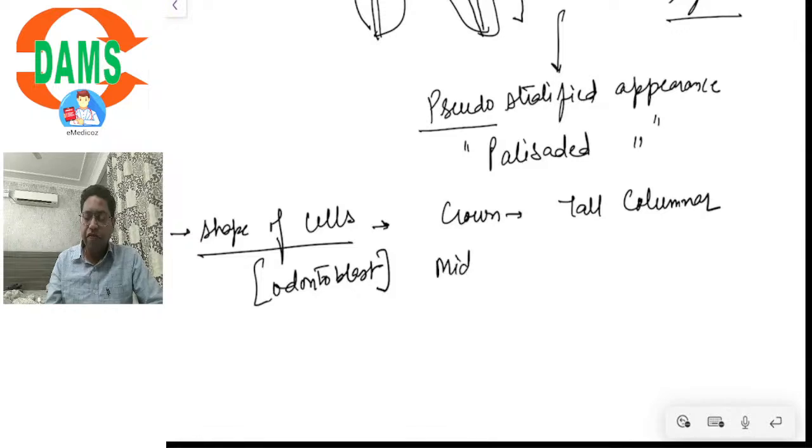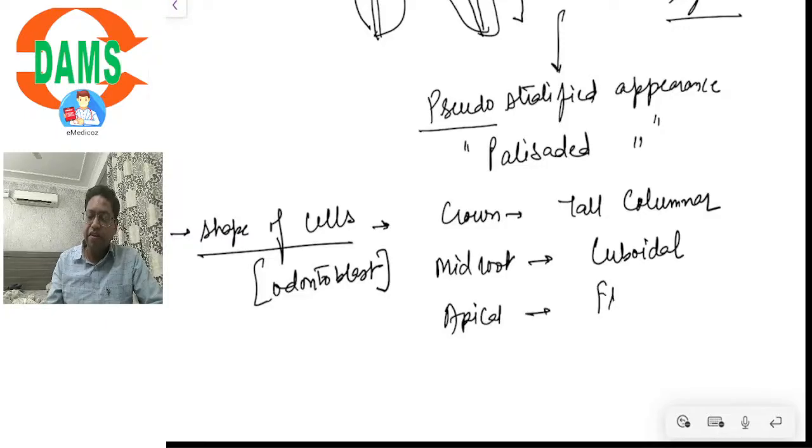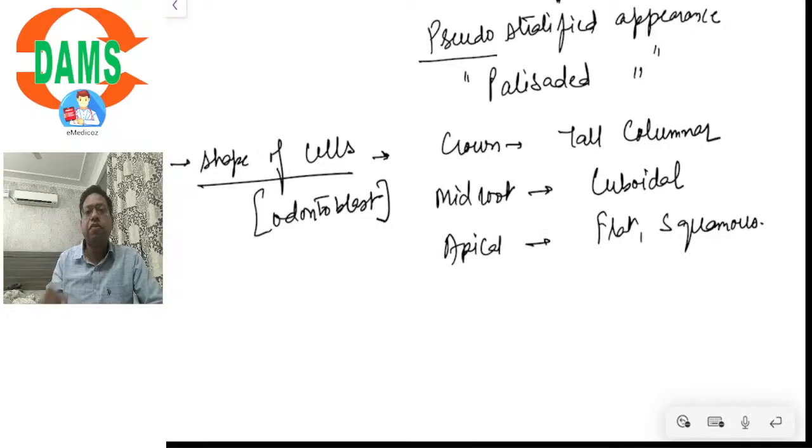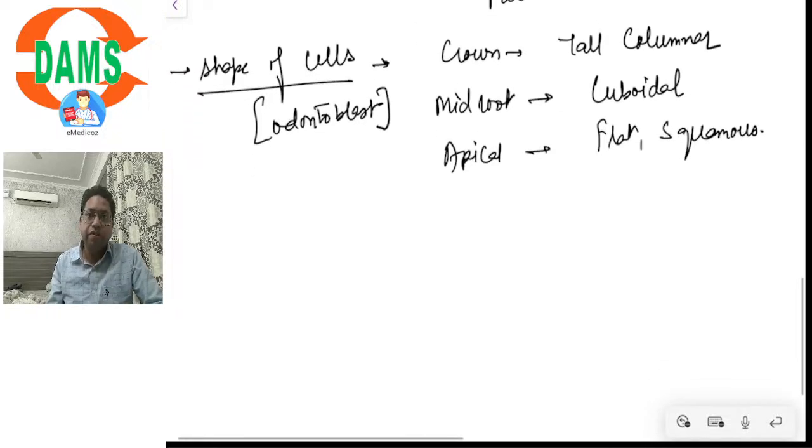In the midroot area of the dental pulp, they are cuboidal in shape. And finally, in the apical portion of the dental pulp, they are flat and squamous in shape. So the shape of the odontoblast changes from the crown to the root portion, from tall columnar to cuboidal to flat squamous. So there are variations in the microscopic appearance and in the shape of the odontoblast layer.